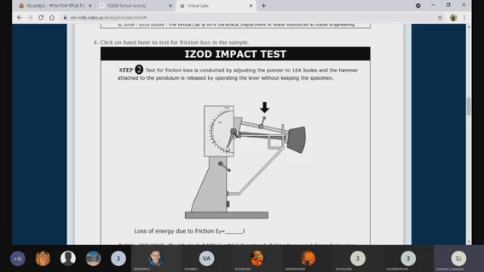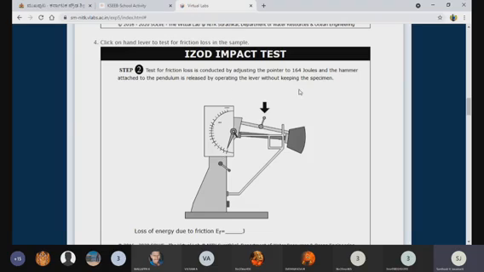Suppose it shows one division. When we are not placing the sample, just raising the pendulum and releasing it, and it shows one division, which means 2 joules are already present in the machine. That is the residual stress already present in the machine. You have to note that: one division means 2 joules are already there in the machine.